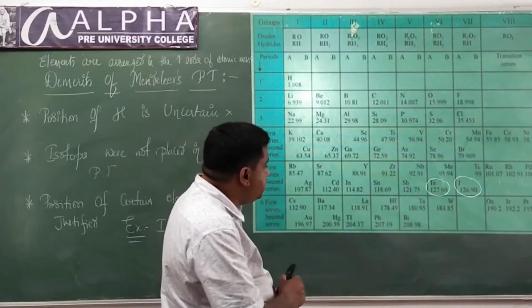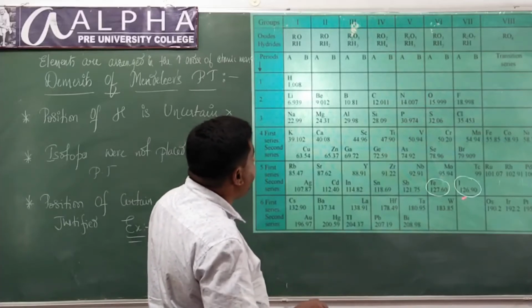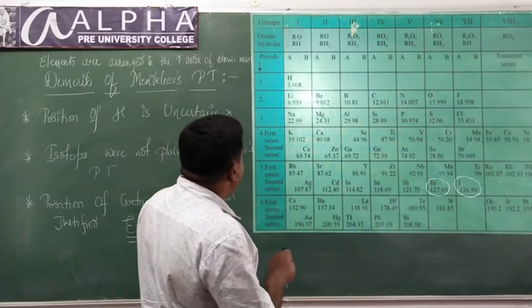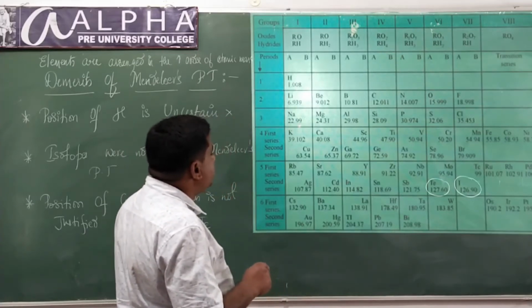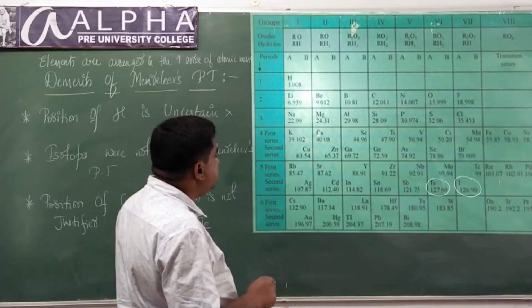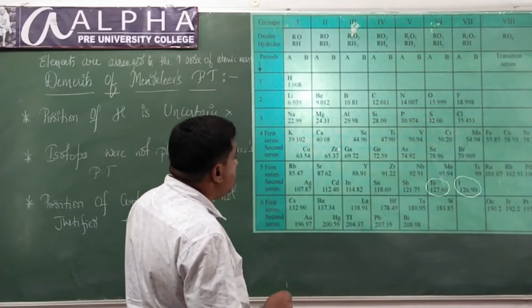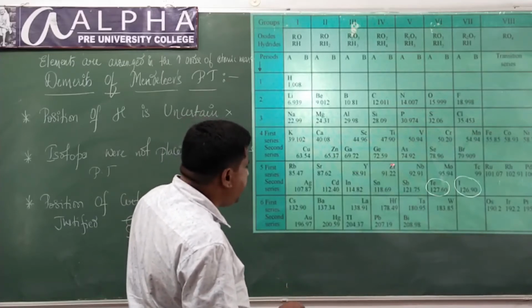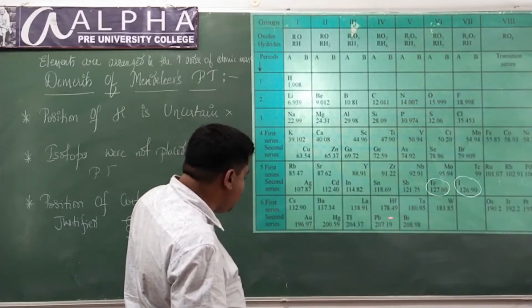And you can observe this entire periodic table. Do you find any noble gases here? We have helium, lithium, beryllium, boron, carbon, nitrogen, oxygen, fluorine, sodium, magnesium, aluminum, silicon, phosphorus, sulfur, chlorine, potassium, calcium, scandium, titanium, vanadium, chromium, manganese, iron, cobalt, nickel, copper, zinc, like that. Can you find any noble gases in this periodic table?